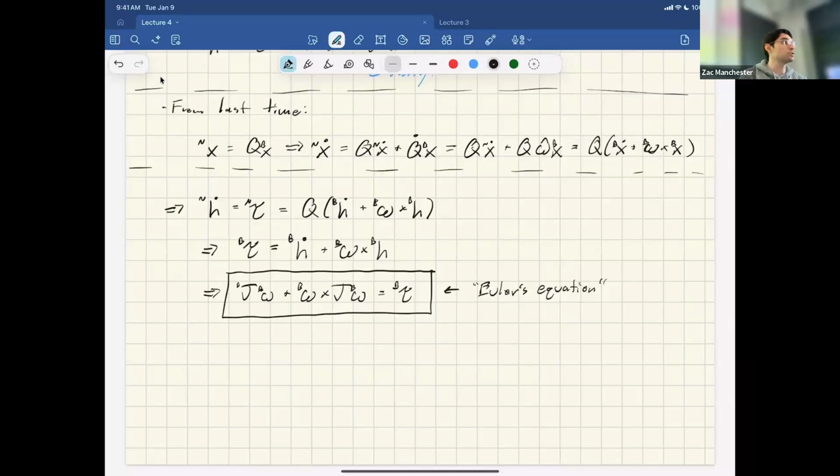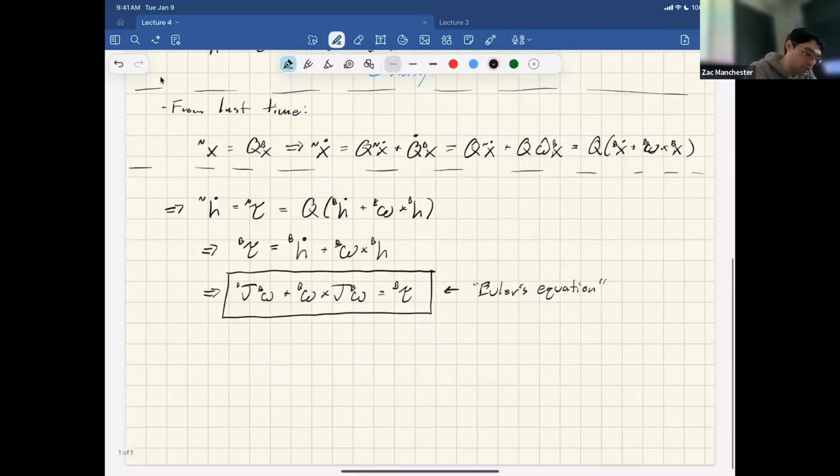We talked about this idea of principal axes, right? Which are the coordinates in which the inertia matrix becomes diagonal, right? And that's essentially the symmetry axes of the body, right? So if I do that on this equation and rotate the frame such that J is diagonal, this thing can simplify down into three scalar equations, three coupled scalar equations.